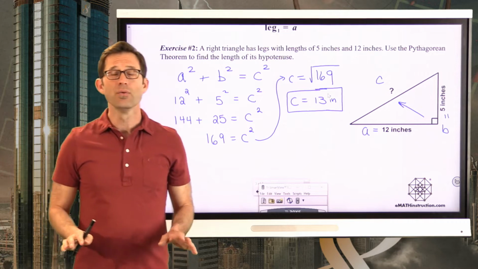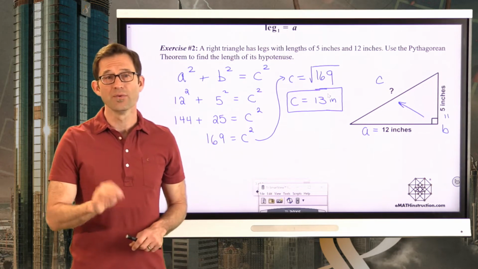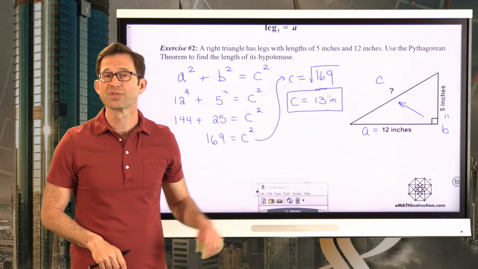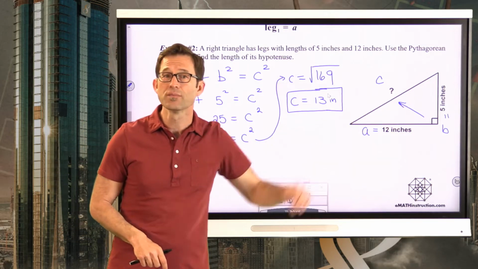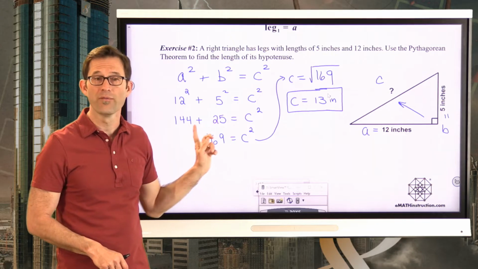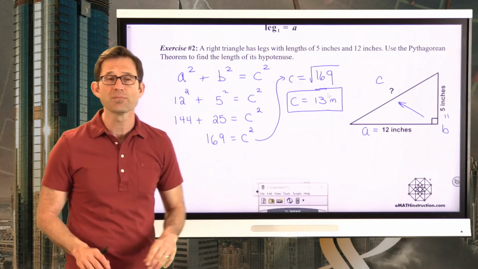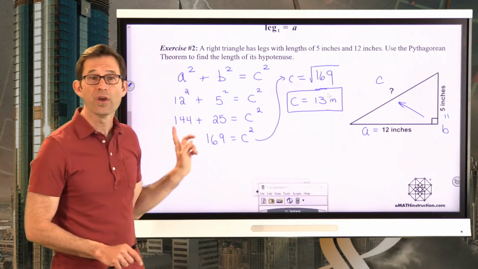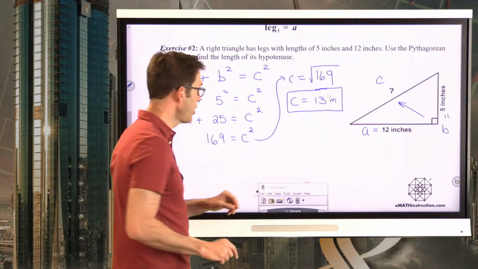Now that is the absolute most straightforward way that we can use the Pythagorean theorem. In other words, I know the two leg lengths, I square them both, 12 squared, 5 squared, 144 and 25, and of course if you don't know these, please do them on your calculator. In fact, you could do this entire expression all at once.